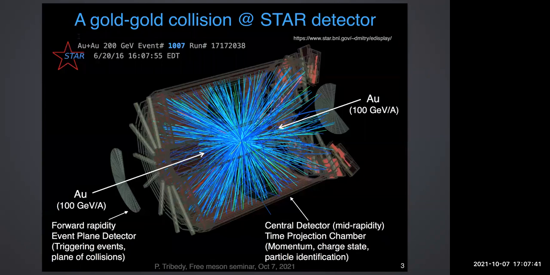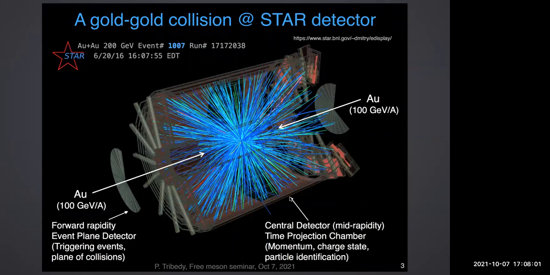So here, because it's an experimental talk, I just want to give you a quick introduction. What I show you is a gold-gold collision at the STAR detector. This is a gold-gold event that was taken in 2016. What you see is the central barrel of the STAR detector.